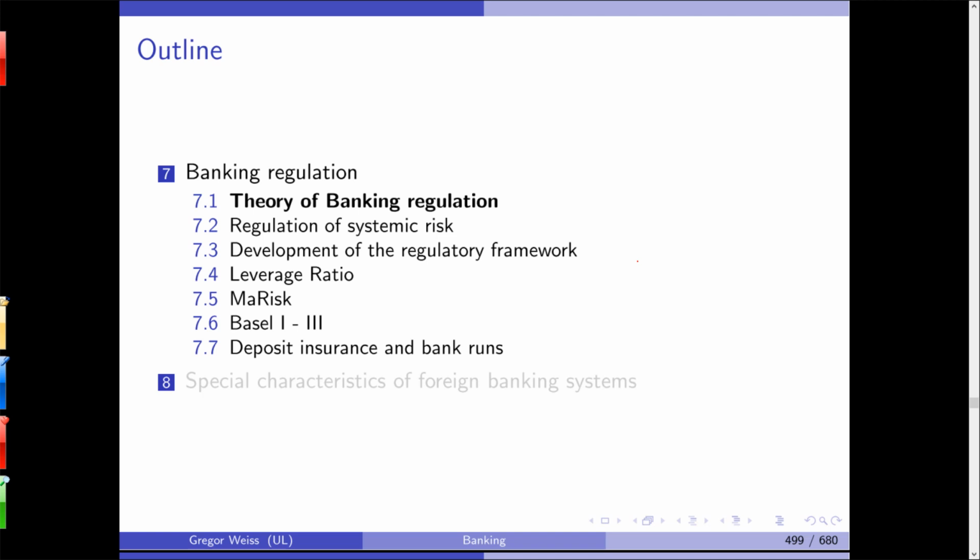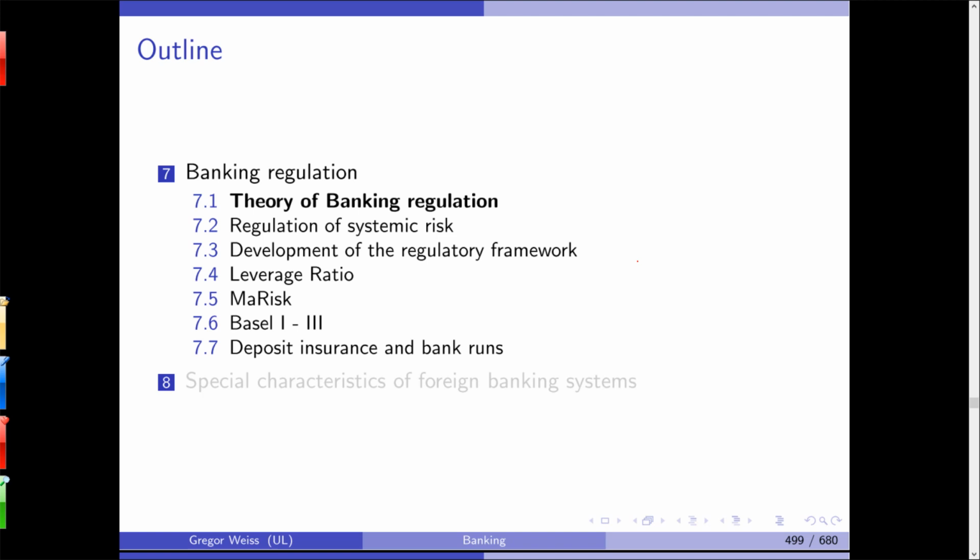Actually, if you're more interested in this, I can only recommend the lectures by Professor Vollmer on financial intermediation. That's more economics related and not a business class like this one, but Professor Vollmer presents the most important theories of financial intermediation.